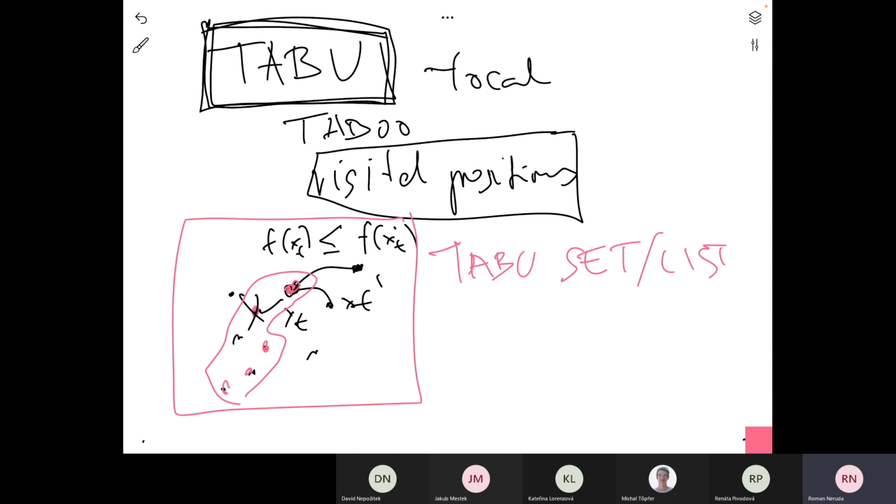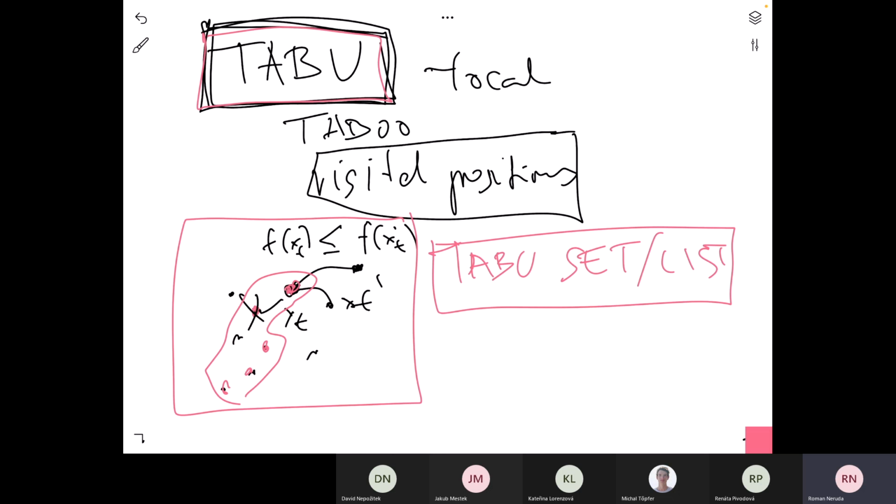So we have a simple hill climbing scenario. You understand that the mechanism of a taboo set can be easily applied to any type of evolutionary algorithm if you know how to handle the taboo set, right?